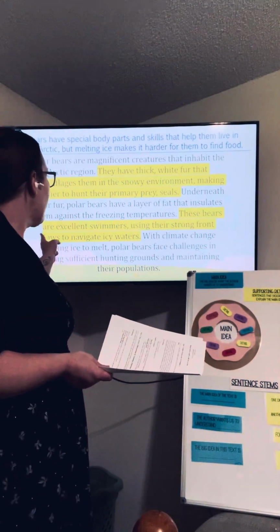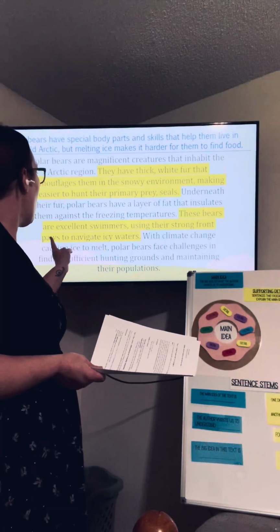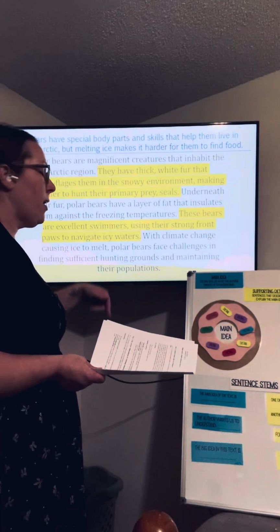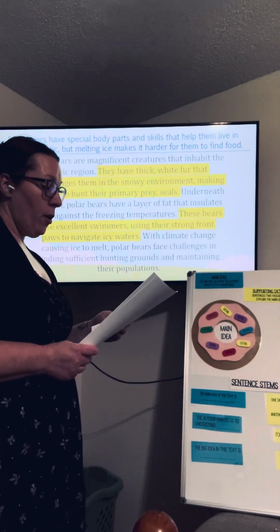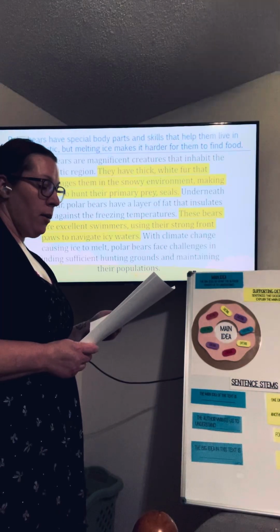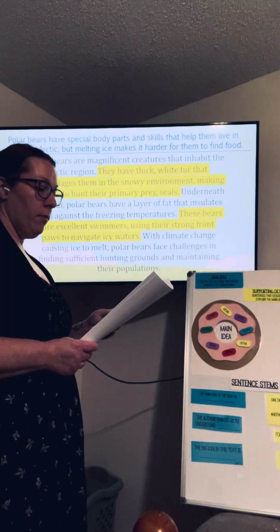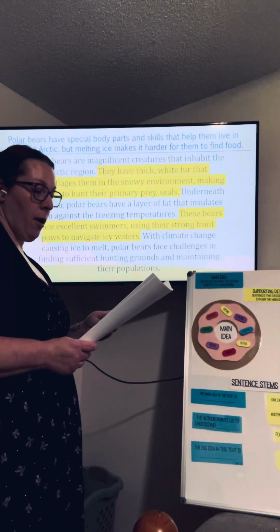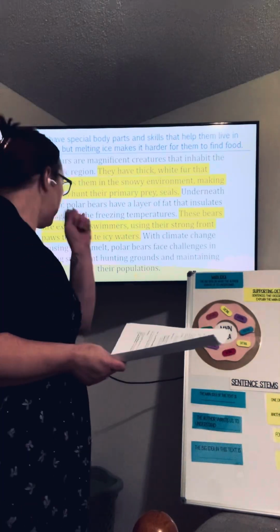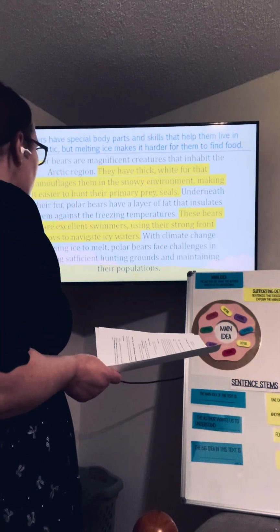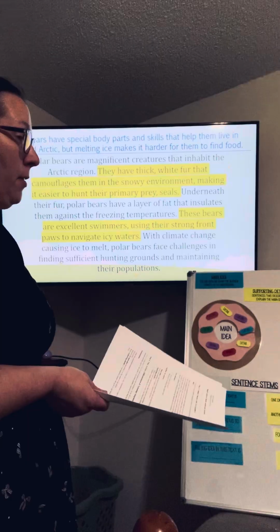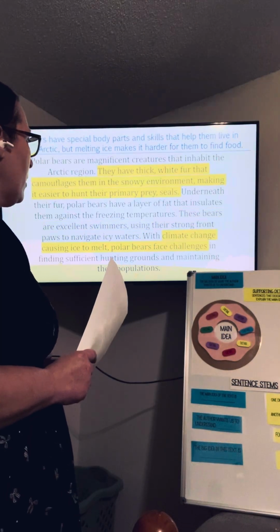These bears are excellent swimmers, using their strong front paws to navigate icy waters. So you're right, that's a special body part that helps the bears live in the cold weather. And I came up with a supporting detail as well.